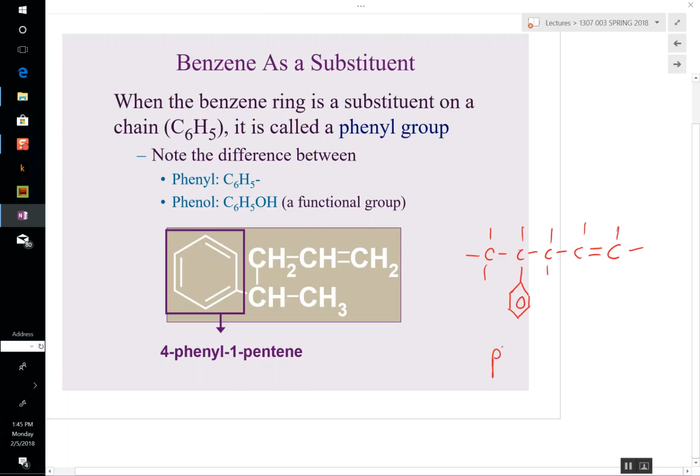We're going to call that a phenyl group or a phenyl substituent. All right, so you can see how we've named this. It's 1, 2, 3, 4, 5, so it's pentene. It's 1-pentene. The ene starts on the first carbon. It's 4-phenyl-1-pentene. So here is another alkyl substituent, a phenyl group.